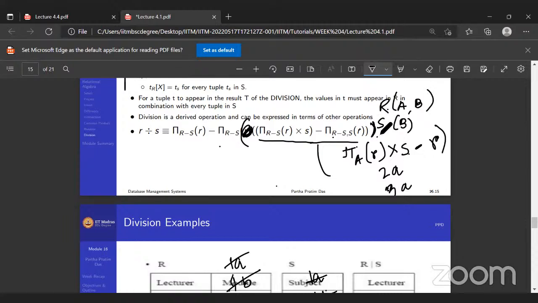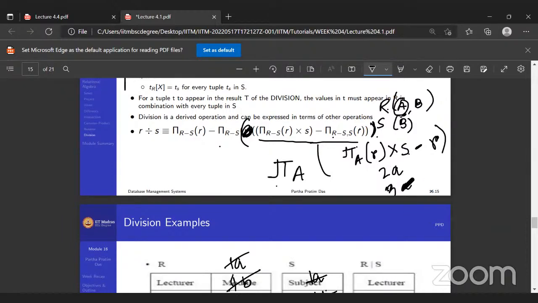So R minus S means we require only this attribute, that is pi A. So can anyone tell what is the output of this whole expression?